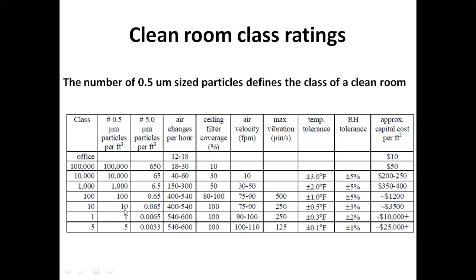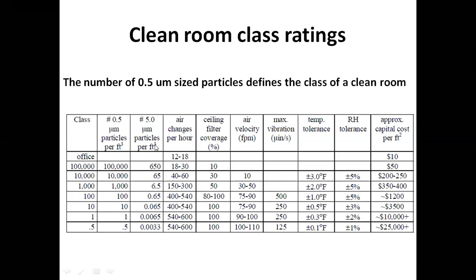If there are 10, the class would be 10. If there is only 1 0.5 micrometer particle in 1 cubic foot of the room, then the class rating will be 1. And similarly, 0.5 means a very small number of particles in 1 cubic foot, so the class rating will be 0.5.